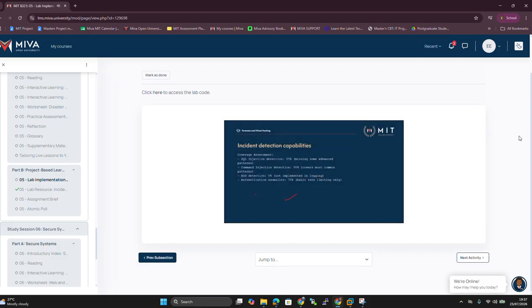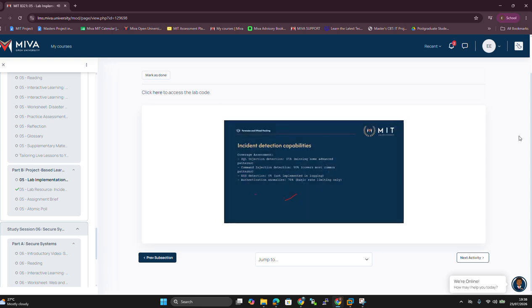Furthermore, for coverage assessments, once you've completed all the steps in the script, which I'm going to show shortly, you will discover that SQL injection detection has been completed by 85%.